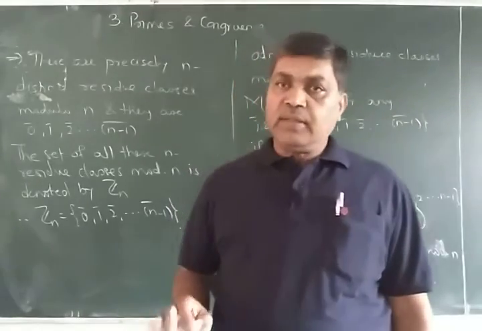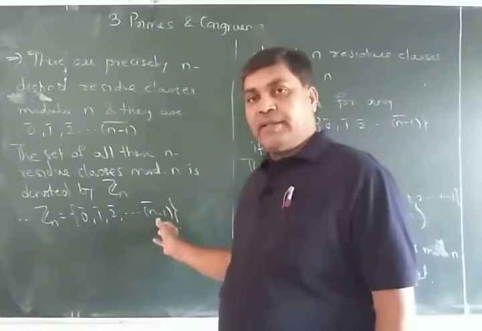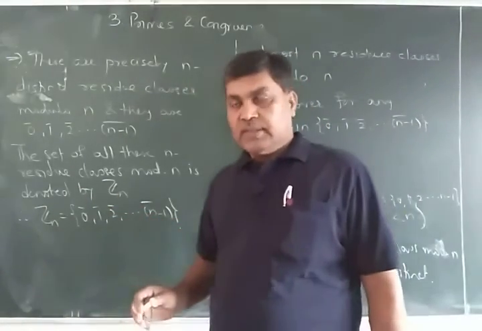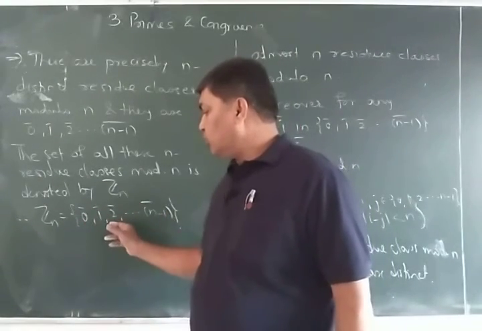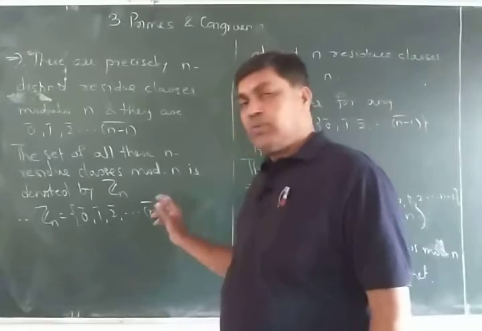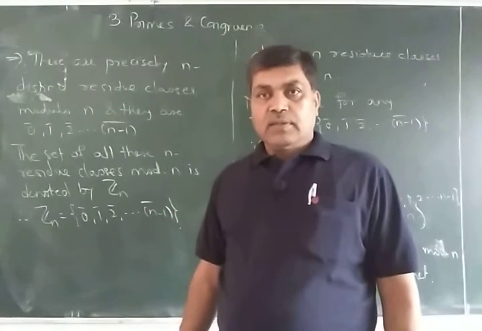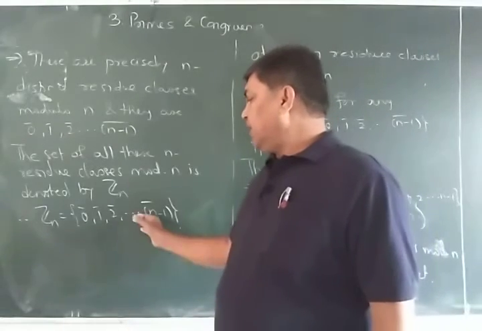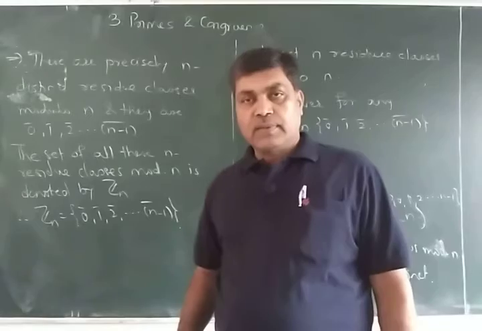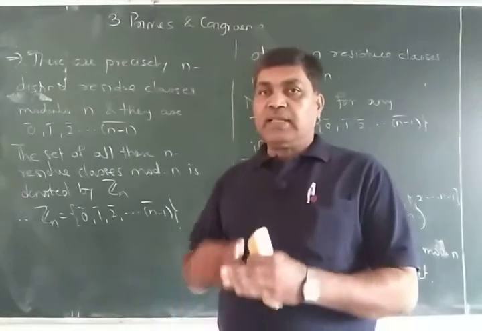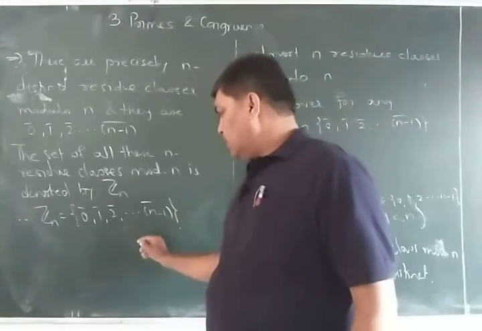And we know that even though an integer is greater than or equal to n or less than 0, it must lie in some residue class modulo n among 0 bar, 1 bar up to n minus 1 bar. So if I take addition of those equivalence classes, there is a natural way to define the addition modulo n operation.